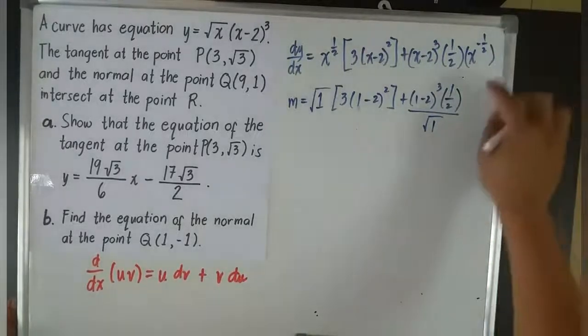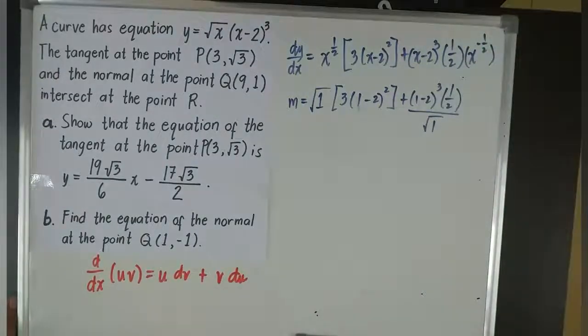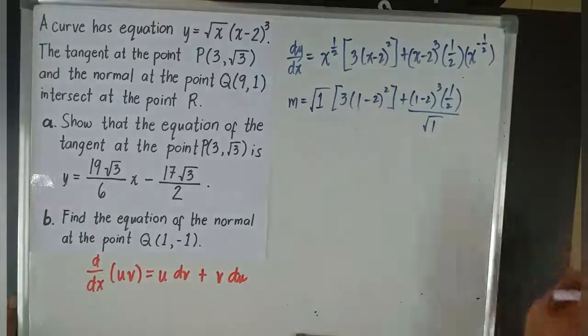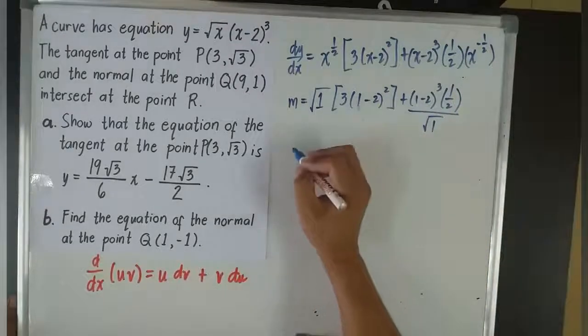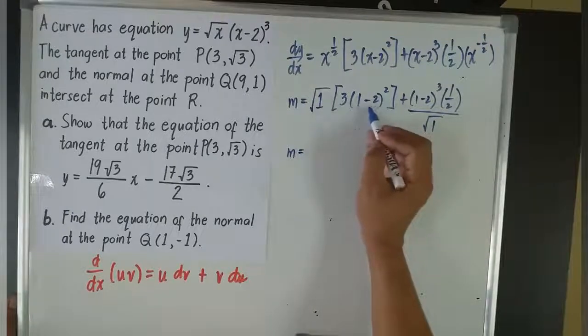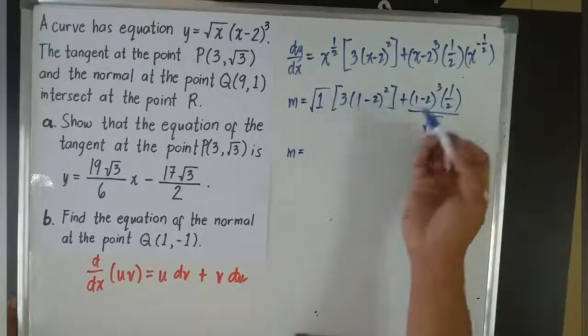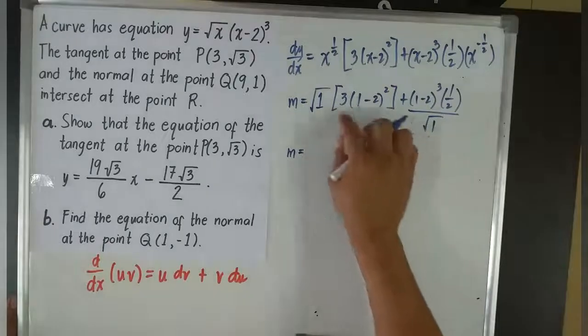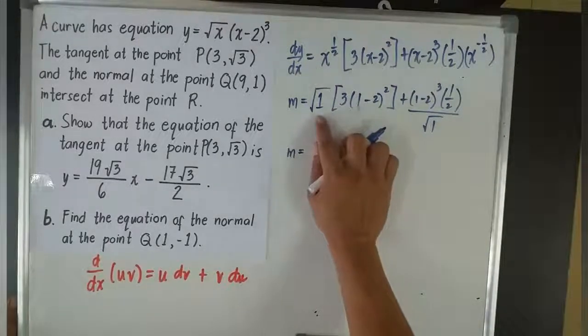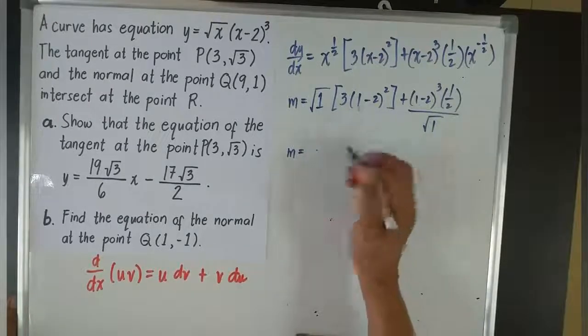Why did I bring down again? Because x to the power of negative 1/2, you bring it down, it will become x to the power of positive 1/2. And then you add the x with 1, then power of 1/2 is square root of 1. So m is equal now to 1 minus 2 is negative 1, squared is 1. 1 times 3 is 3. 3 times, what is the square root of 1? 1. 3 times 1 is 3.